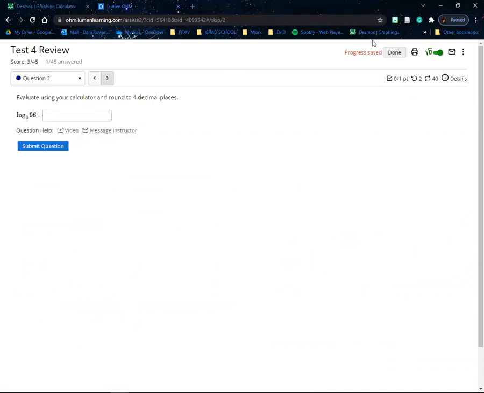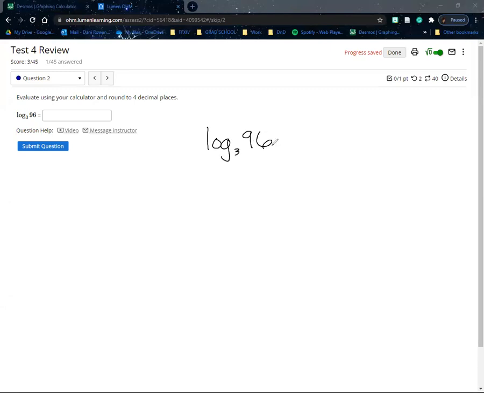Okay, so this one just says evaluate using your calculator and round to 4 decimal places. Pretty standard. If however you do not have a calculator that allows you to change the base, which means you're using a TI-83 calculator in most cases, then we'd want to use the change of base formula.